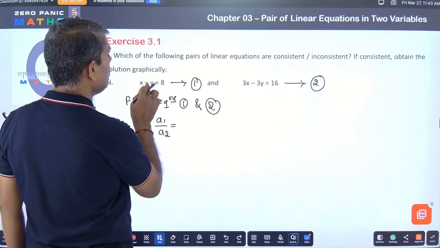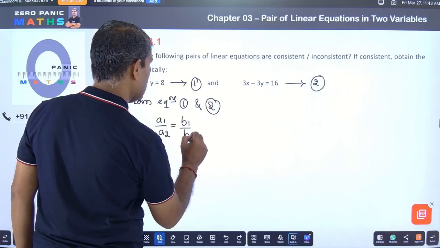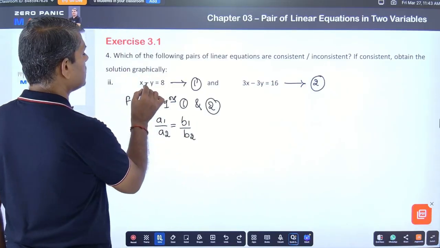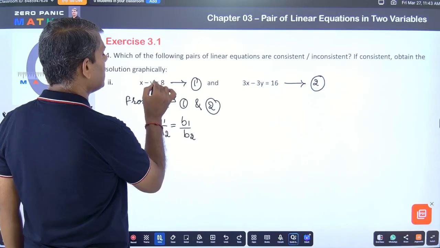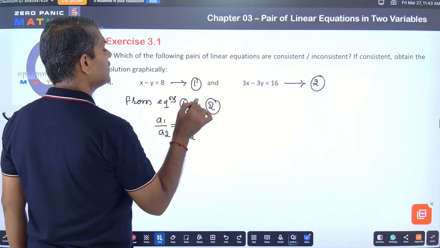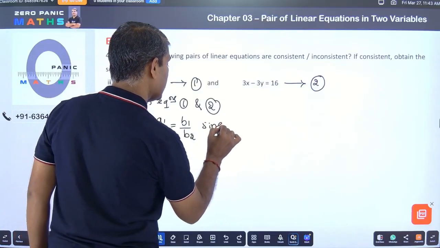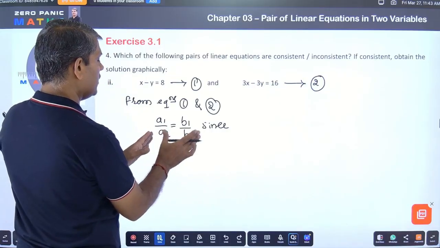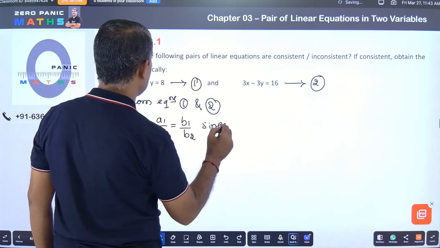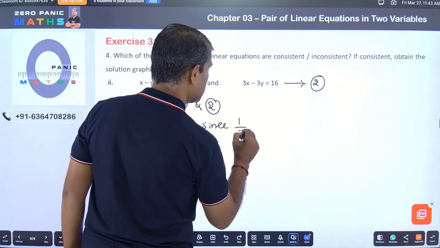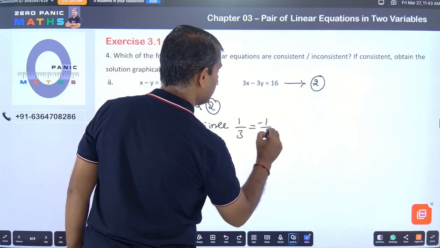Is it equal to b1 by b2? b1 by b2 is minus 1 by minus 3, and c1 is minus 8 and c2 is minus 16. Since I can first compare the two ratios, a1 by a2 is equal to b1 by b2, because 1 by 3 is equal to minus 1 by minus 3.